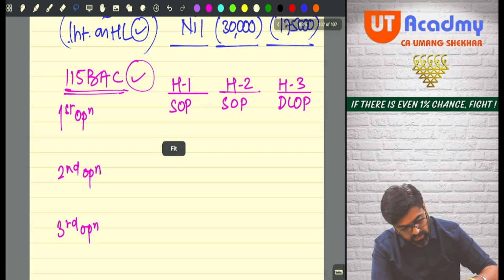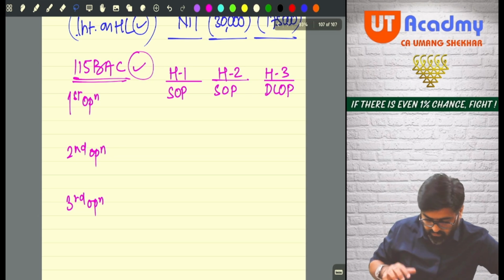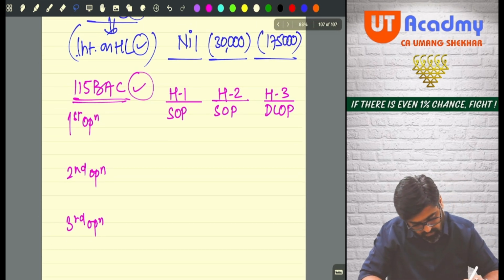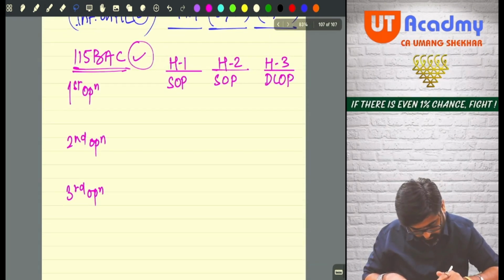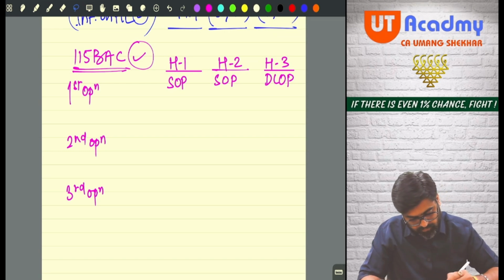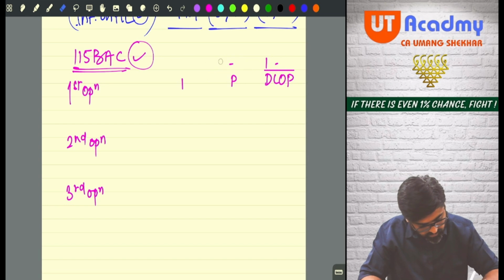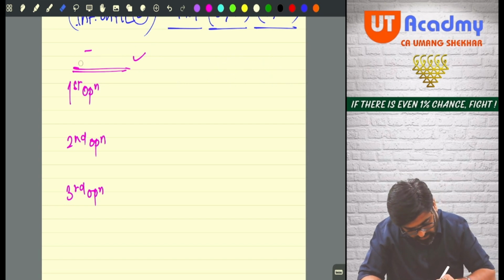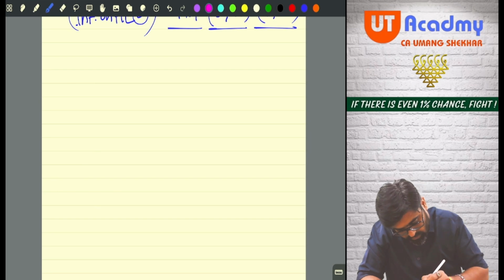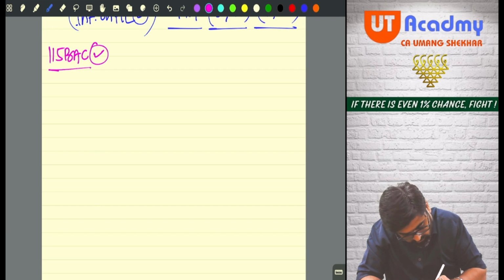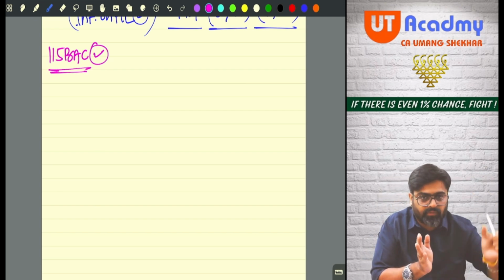I will shift it a little bit this side. If I follow 115 BAC, same thing I am writing, but shifting this side so that I get the final total column also.